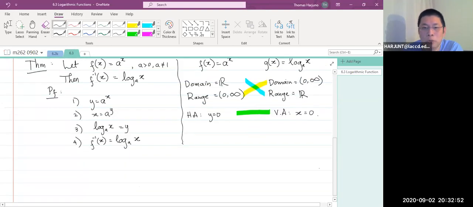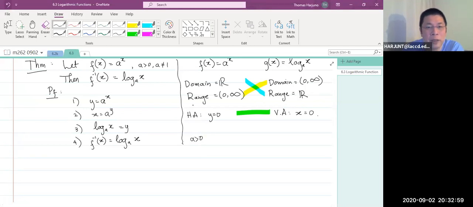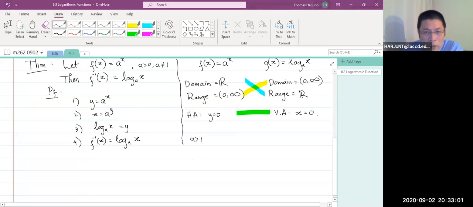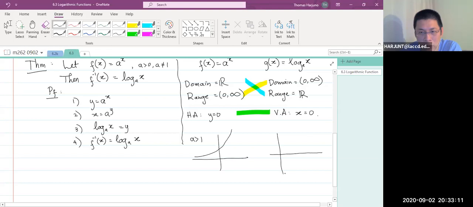Suppose the base a is greater than 1. Then the exponential function is increasing, right? Then the log function, when a is greater than 1, is also increasing.